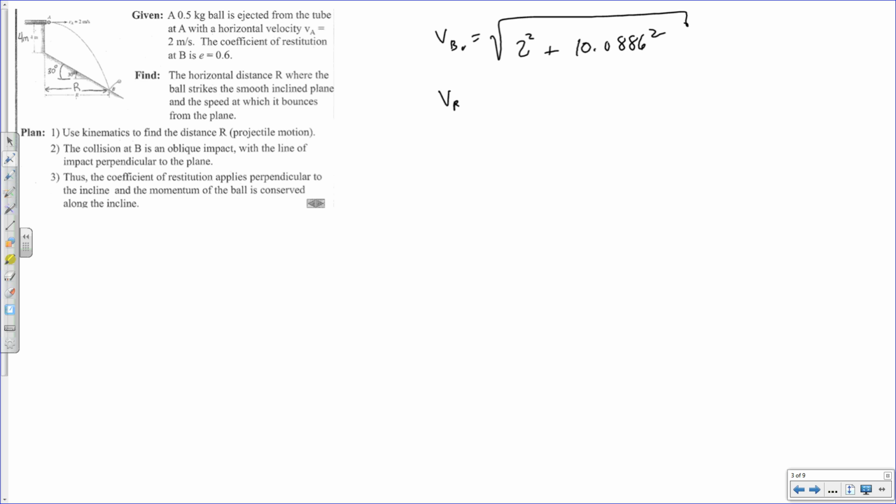The magnitude of VB1 is equal to 10.285 meters per second. This represents the speed at which the ball is traveling as it approaches B. This is the speed that the ball is traveling as it approaches B.